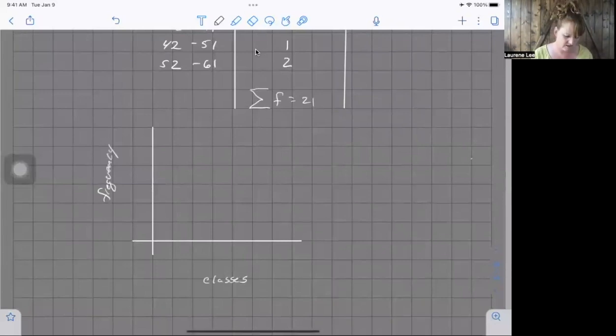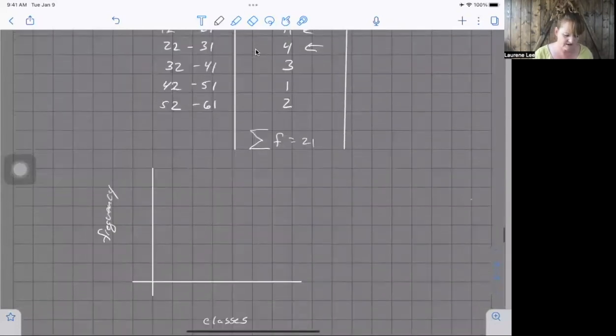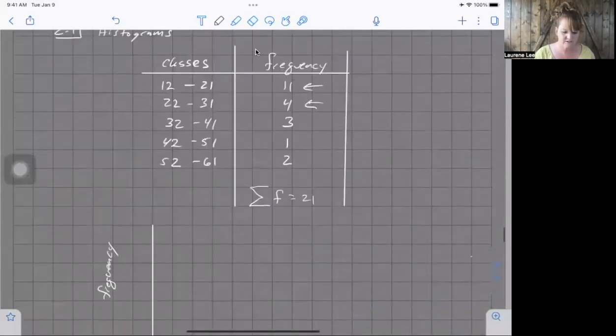All right, so the first thing is labeling your axis. If your frequencies are very large numbers, like say you've got 25 data points in one of your classes, then you definitely don't want to label by ones. If your max number is 5 in a frequency, then you probably do want to label by ones. So again, how you label is your choice, but you need to mark it out so the person reading it understands.